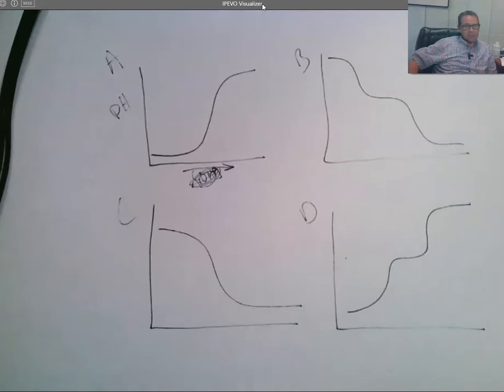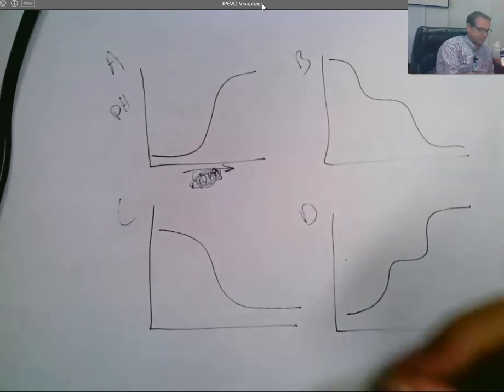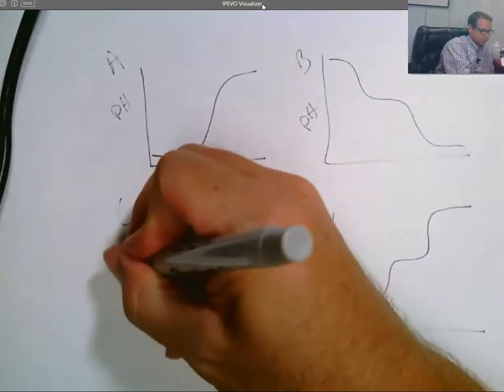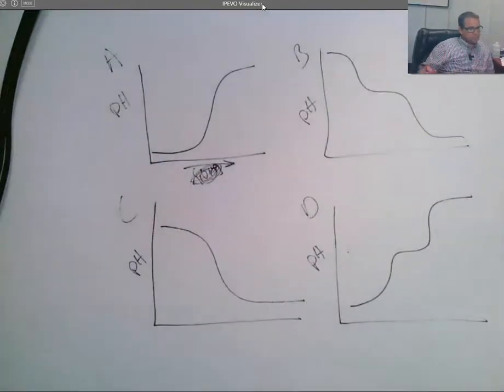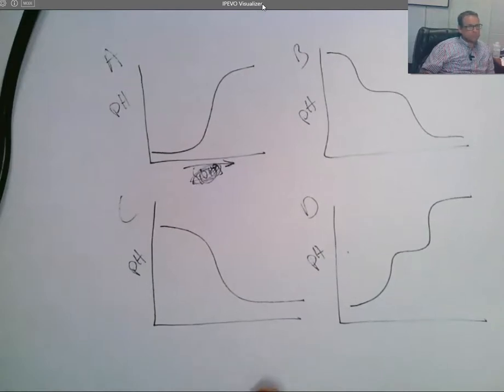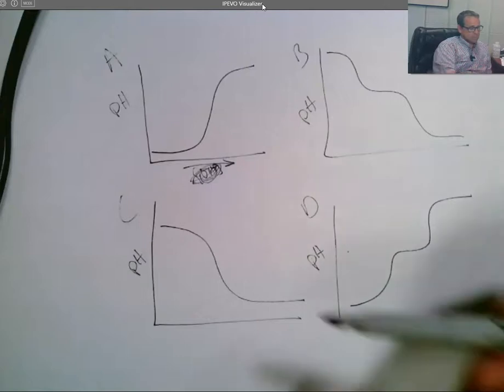Any ideas, Alyssa? A titrated base with an acid would make the pH fall because the base would react with the acid, making it less.